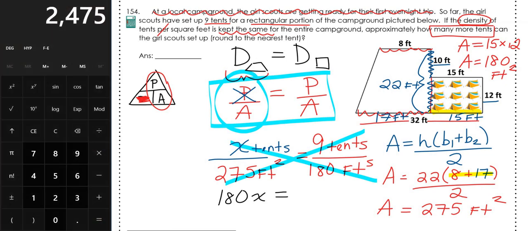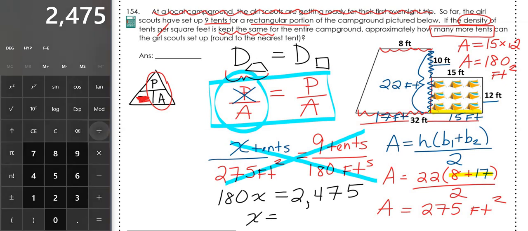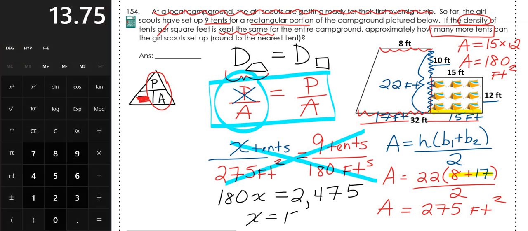We have 2,475. Last step, to get x by itself, we divide by 180. So divided by 180 equals 13.75. Okay, so rounded to the nearest tenth, because we're not going to have a fraction of a tenth.